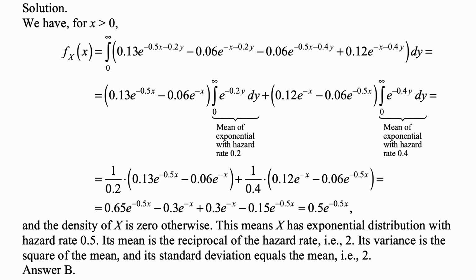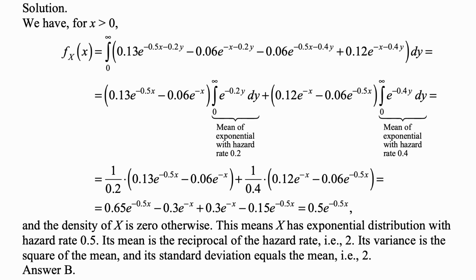And that's the integral of 0.13 e to the minus 0.5x minus 0.2y minus 0.06 times e to the minus x minus 0.2y minus 0.06 e to the minus 0.5x minus 0.4y plus 0.12 e to the minus x minus 0.4y.